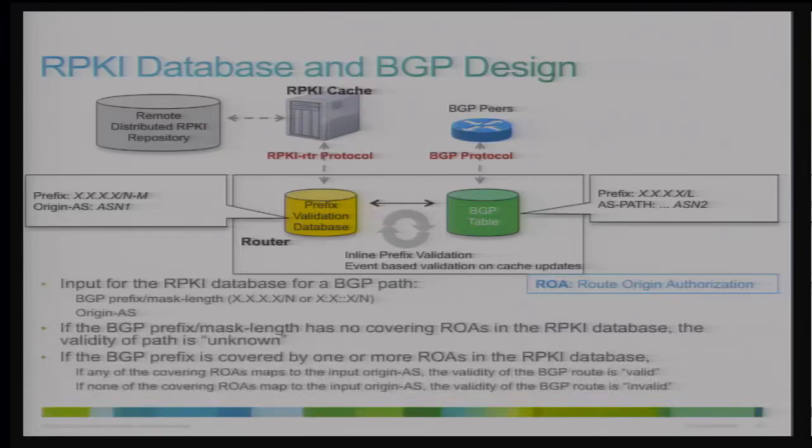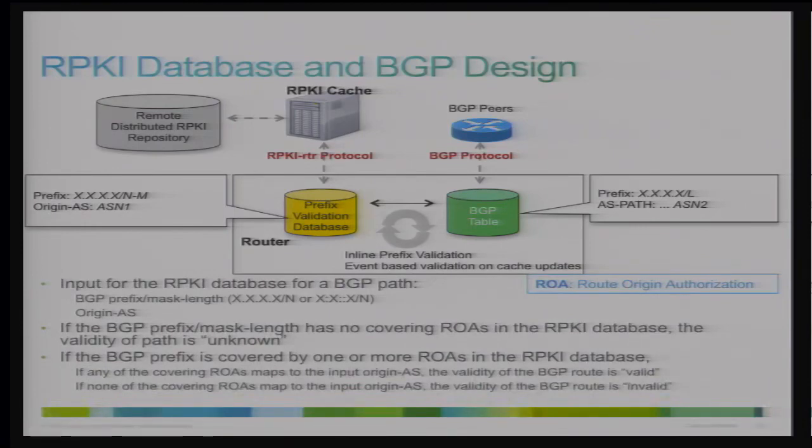And when you receive, from a BGP perspective, updates from an eBGP peer, first you check if you configured RPKI checking. If you did, it will check whether there is an RPKI cache already on the router. It will check in the cache whether there is a covering ROA.